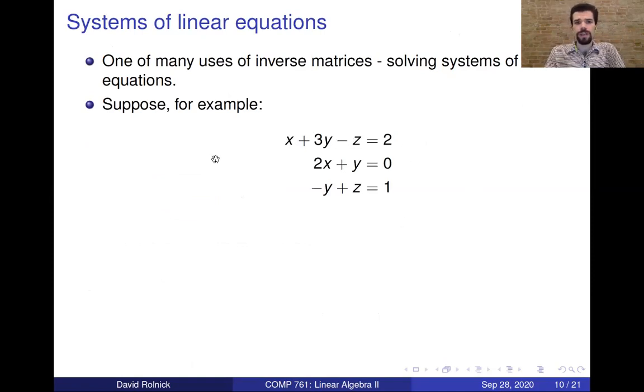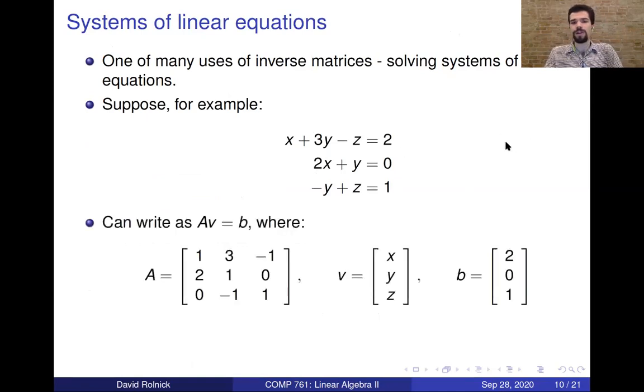So this system of linear equations can be represented in matrix form as A times V equals B, where A is your coefficient matrix, V equals the vector x, y, z of your variables, and B is just the constants.